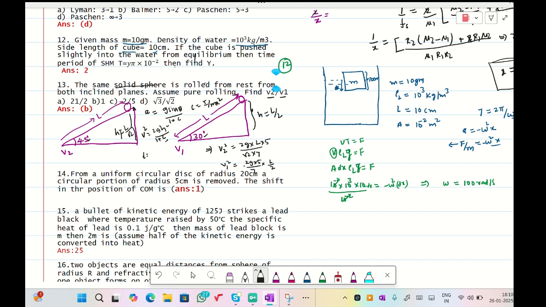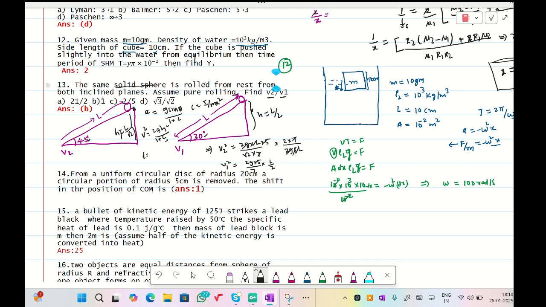So v1 square by v2 square, the 7 gets cancelled, 2g 5 l and 2g 5 l get cancelled. Here 7 also gets cancelled. So the remaining is root 2. So the answer root 2 has to come.